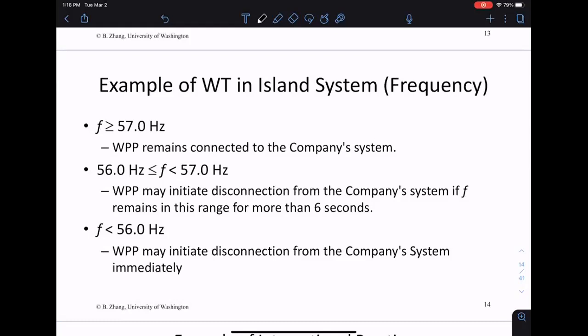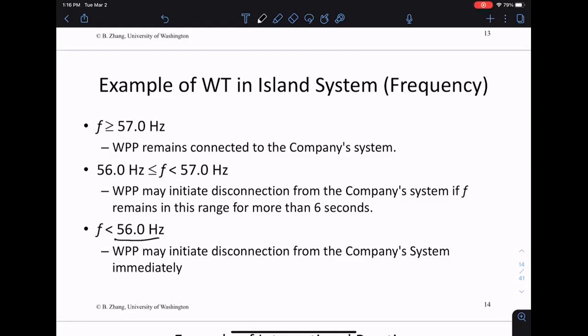Instead of one not being able to leave the system at 59 hertz, for an island system one can only trip off if it drops below 56 hertz. This is sort of what one can do.